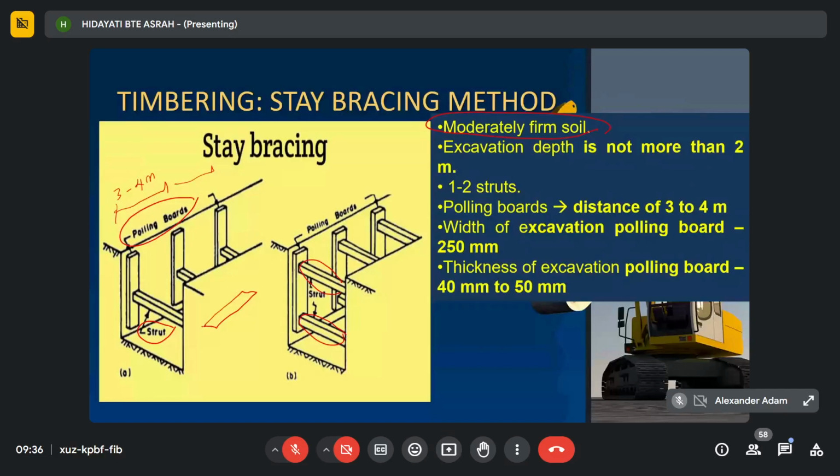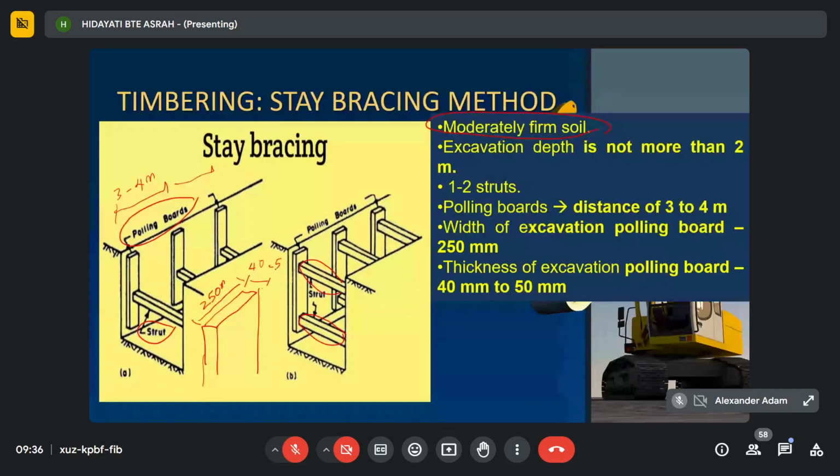The width is 200 millimeters, or rather 250 millimeters, and the thickness is between 40 to 50 millimeters, something like that. This is the shape or size of the polling board.